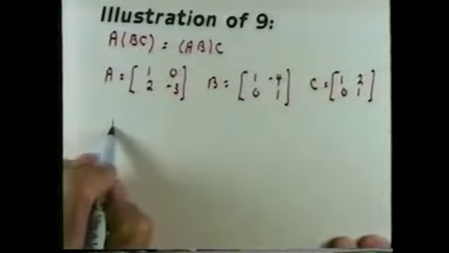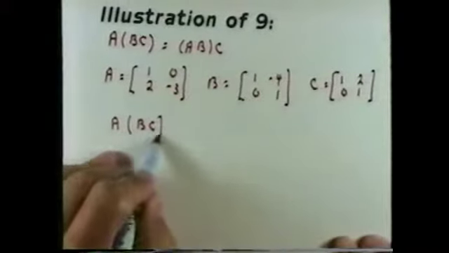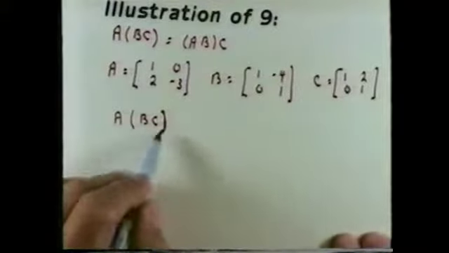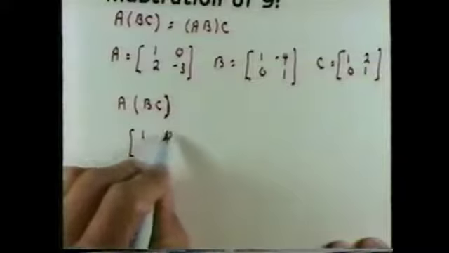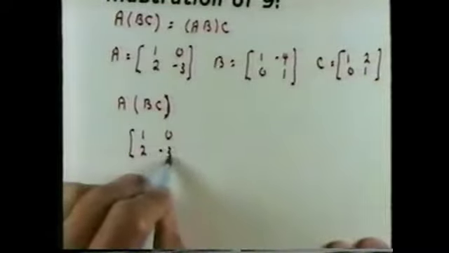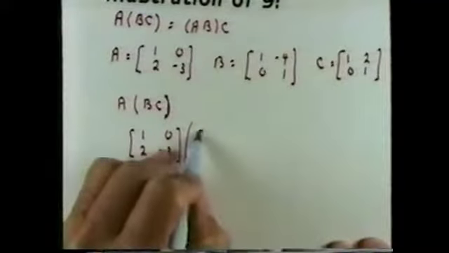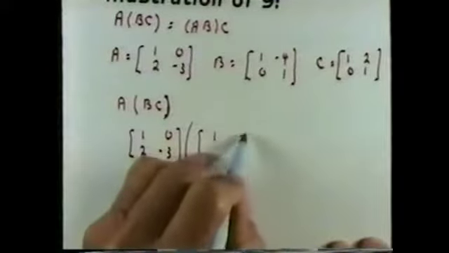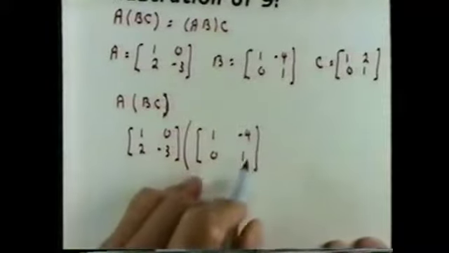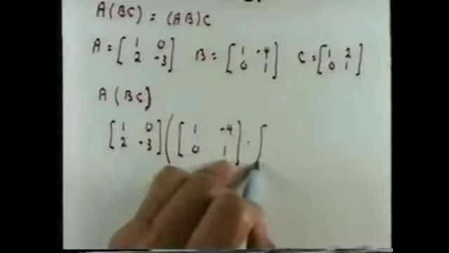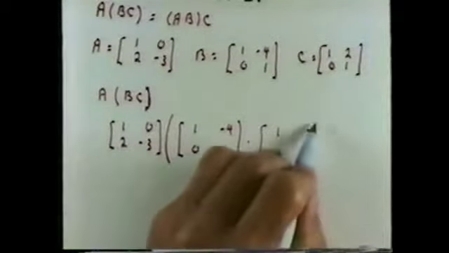So first, let's do A times BC. So that's going to be the matrix 1, 0, 2, negative 3 times B, 1, negative 4, 0, 1, times C, 1, 2, 0, 1.